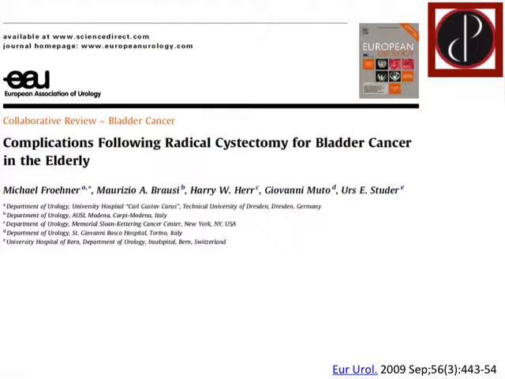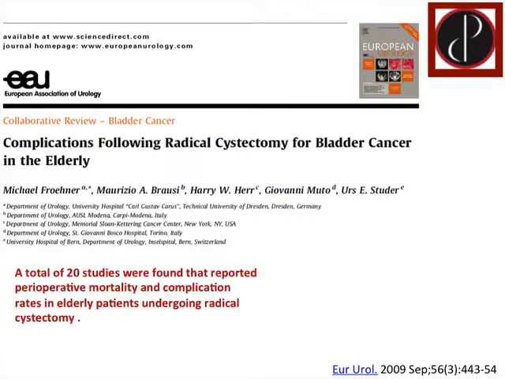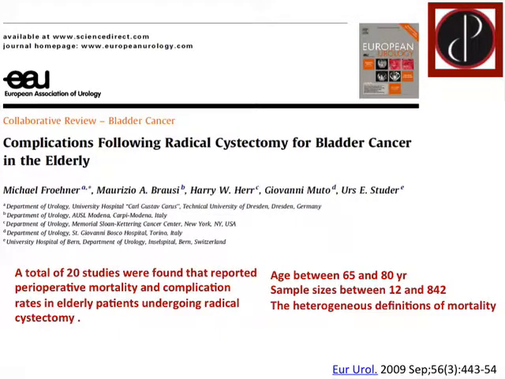A very good review by famous people in bladder cancer looked at complication rates in the elderly. They say that it's very difficult to do this review because the studies are very heterogeneous, and the age of patients defined as elderly is different in different studies.